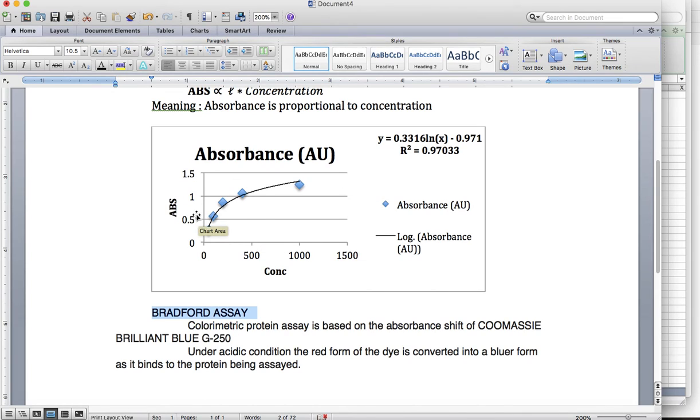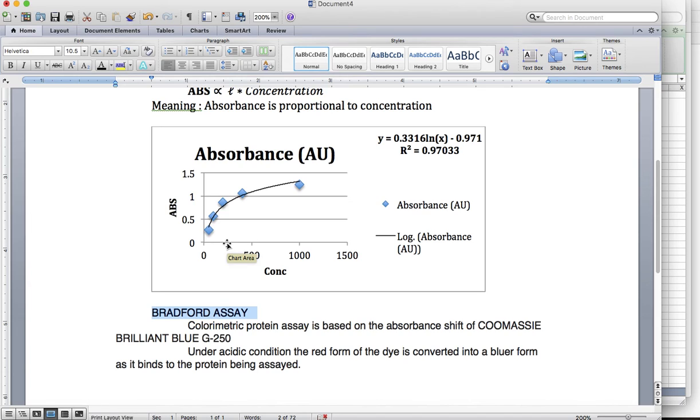You can either look at the graph and just estimate that it should fall somewhere between 1 and 0.5, and then it should be here, and then go across until you hit the line. Once you hit the line, you go down, and the number should be roughly 250. And that is the quick and dirty way to do it, but it's not really specific.